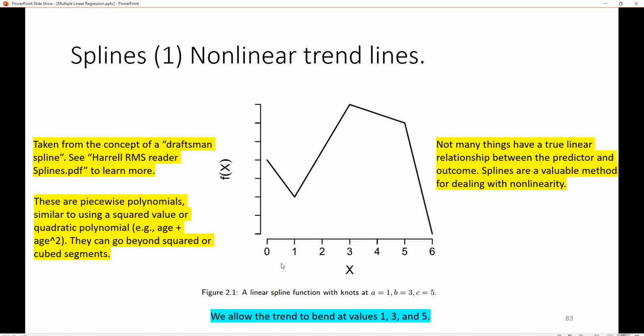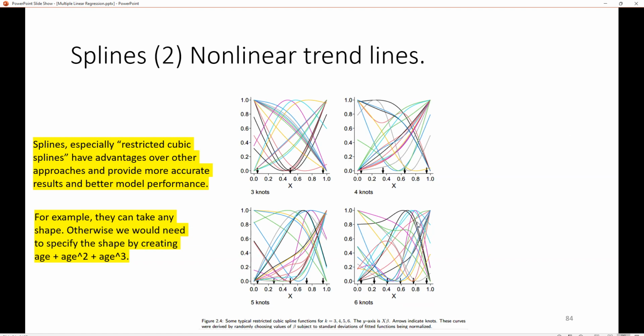So with this, we allow bending points at the values for x at 1, 3, and 5. We're going to allow it to bend at these points. Because we're doing that, it would give us better model results. Splines, especially restricted cubic splines, have advantages over other approaches and provide more accurate results and better model performance.